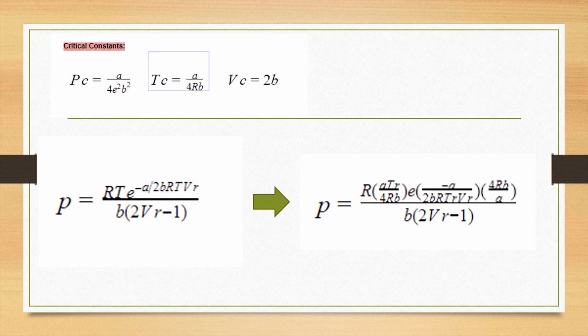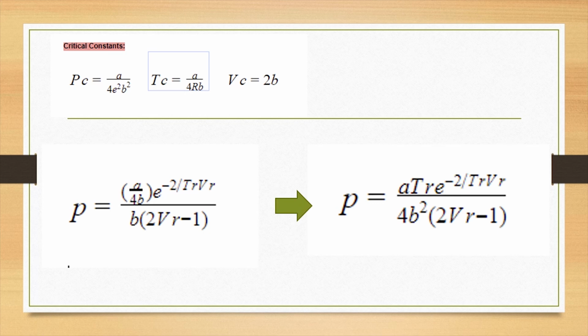Next, we replace the temperature T with the critical constant Tc, which gives us this new equation on the right. We can now cancel R with R, a with a, and Rb with Rb, including the 4 and 2. After cancelling, we can now combine the 4b with the b, which will form the new equation on the right.